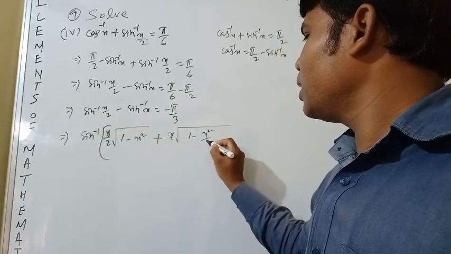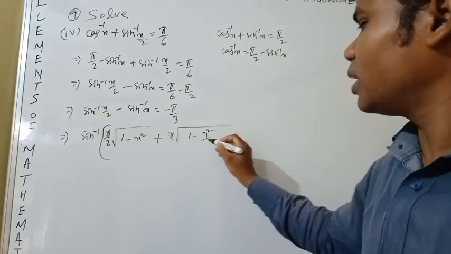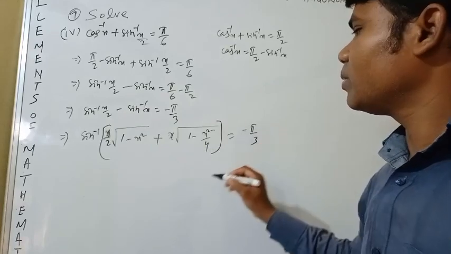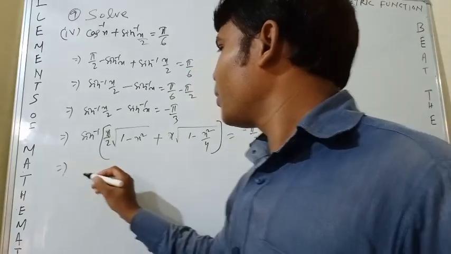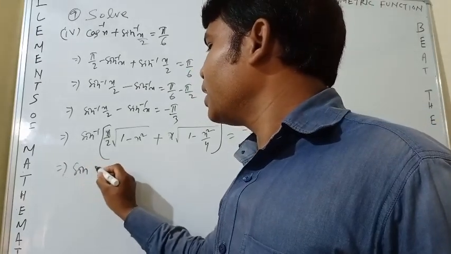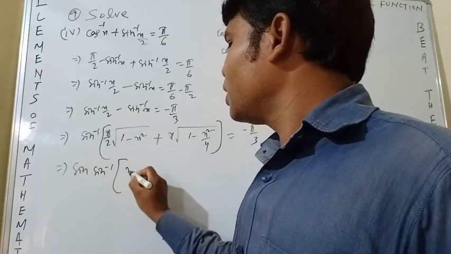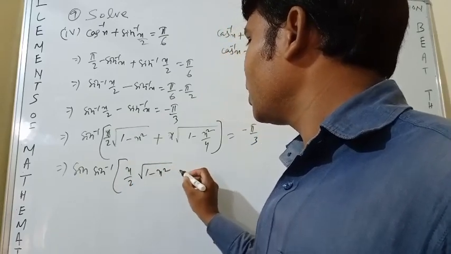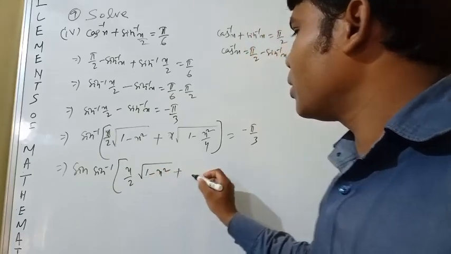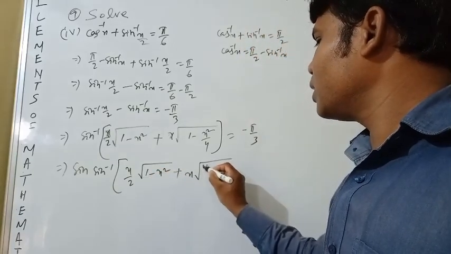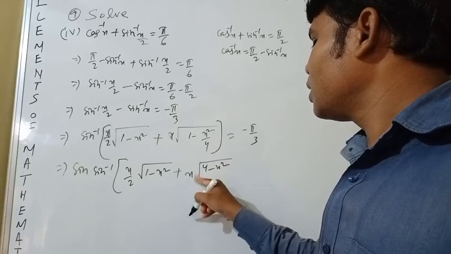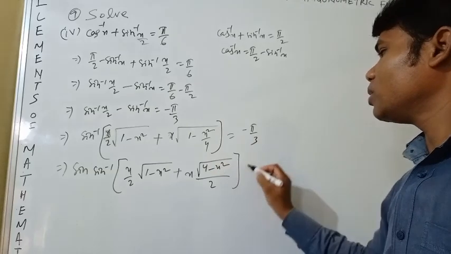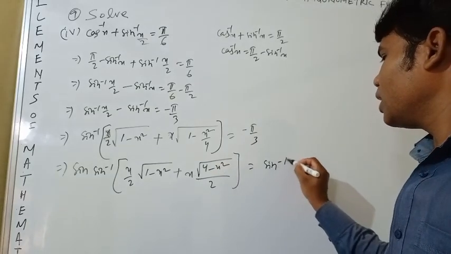Here x by 2 and x, so it is x by 2 root over 1 minus x square plus x root over 1 minus x square by 4, is equal to minus pi by 3. Then you write sin inverse of x by 2 root over 1 minus x square plus x root over 4 minus x square by 2 is equal to sin minus pi by 3.